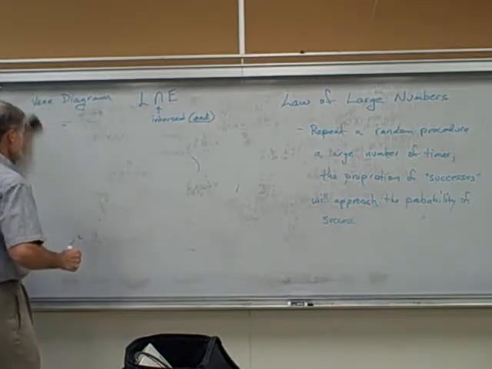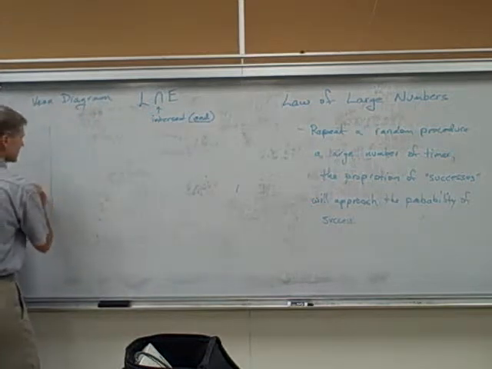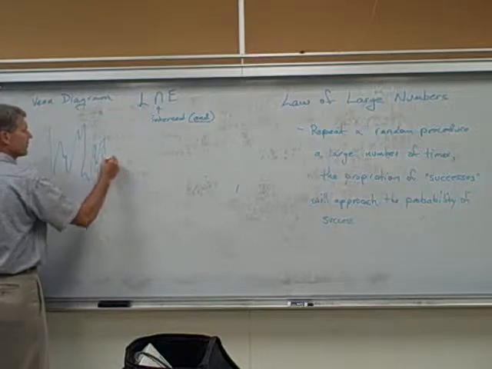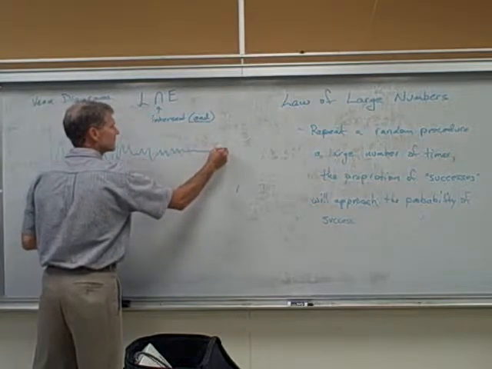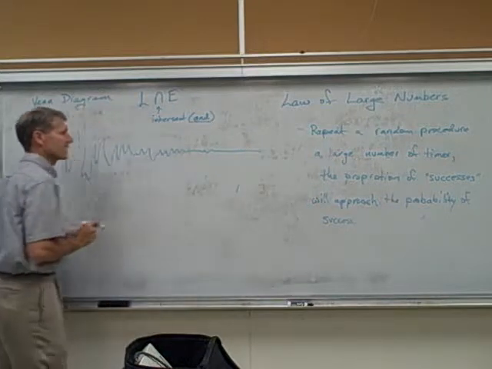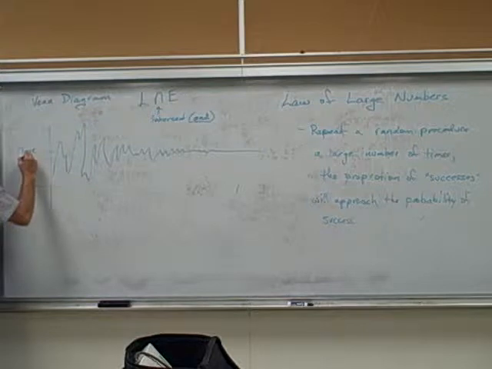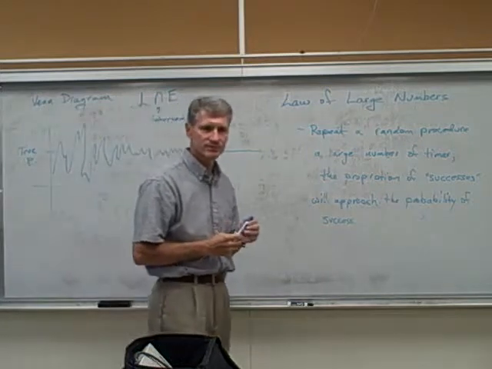So you'll see graphs in the book that fluctuate wildly for a while, and then they start to settle down, and they'll settle down to the true proportion. I'll call it P, the true probability. That's the law of large numbers. Okay.